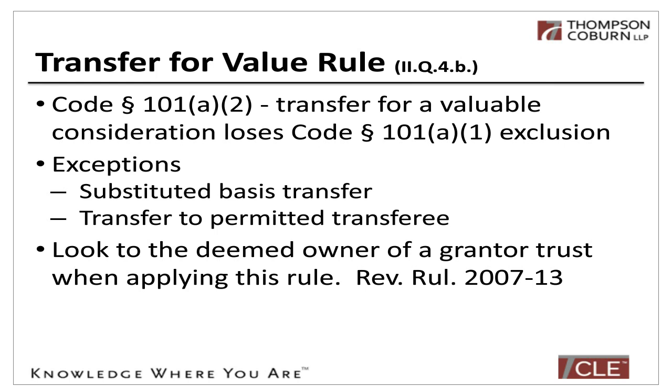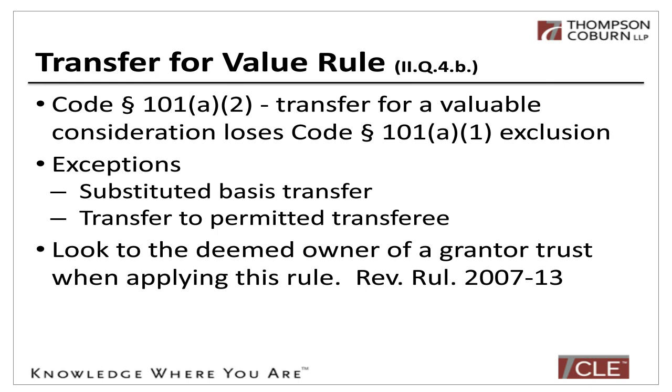However, if you make a transfer for valuable consideration, then you may lose that benefit of being protected from income tax. So you make this transfer for value, and that may cause your death benefit to be income taxable.